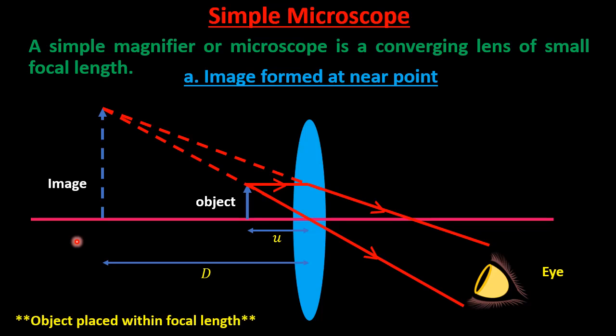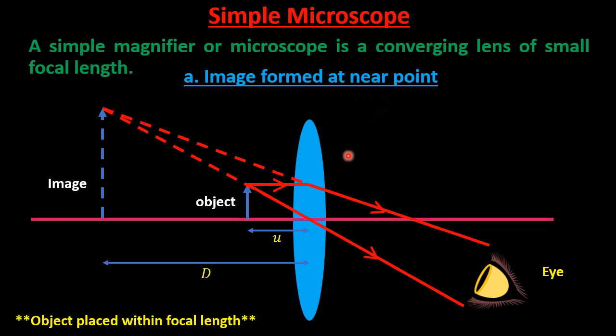When the object is placed between the focus and the optical center, the image of the object will be magnified, and it is formed near to the lens. And this is a ray diagram for the formation of image by a simple microscope at the near point.